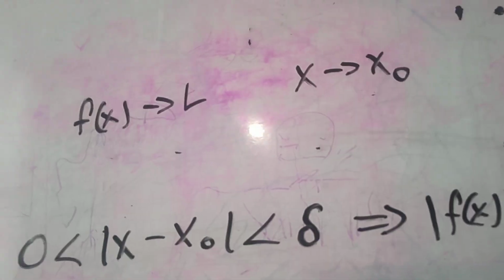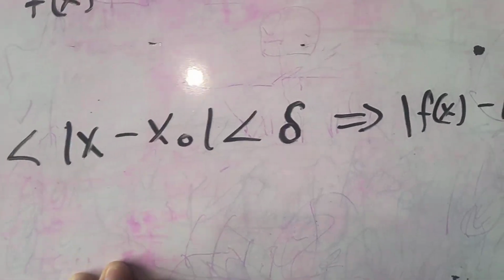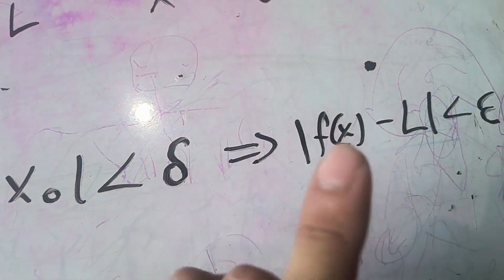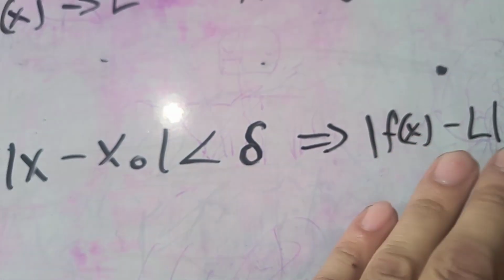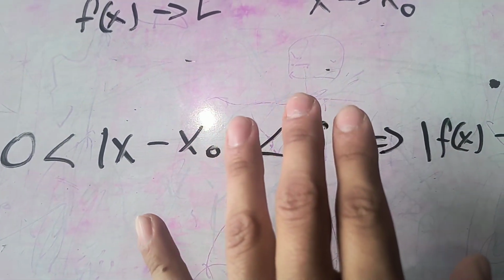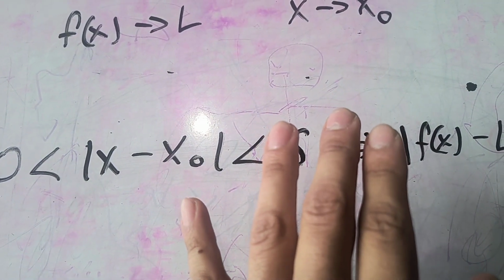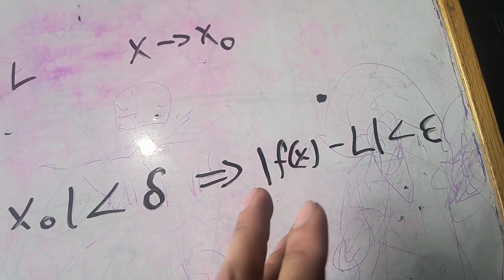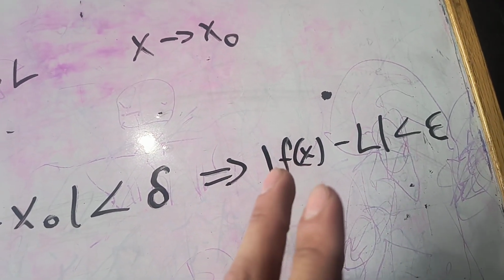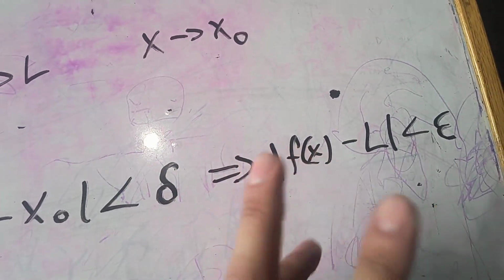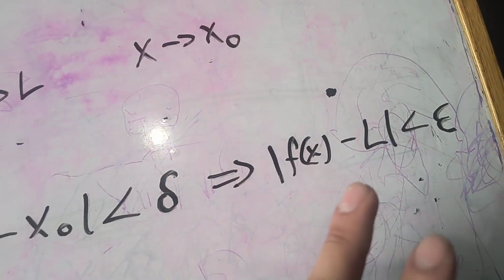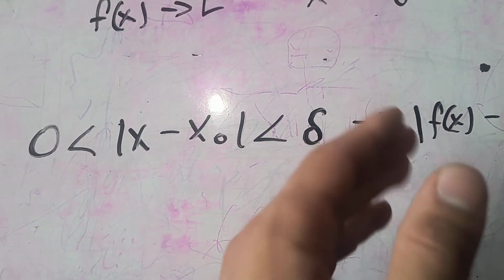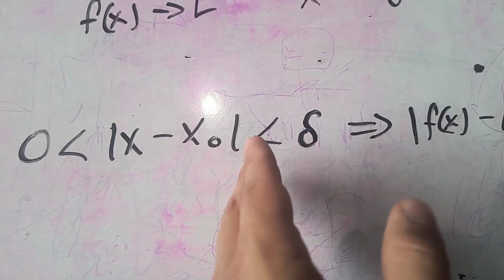So that's what this is saying. This is saying that for any distance of x to x naught, we can get f of x closer and closer to L, or make the gap between f of x and L as small as we want, if x is kept within a certain distance of x naught.